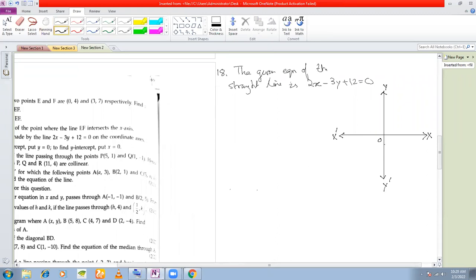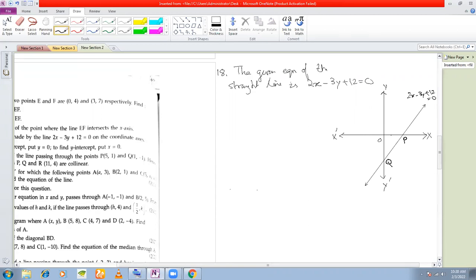Suppose this straight line looks like this, let's say. Then what are the intercepts made by this on this? Let's call the point of intersection of this line with the x-axis as P, and let us call the point of intersection of this straight line with the axis of y as Q. Okay.